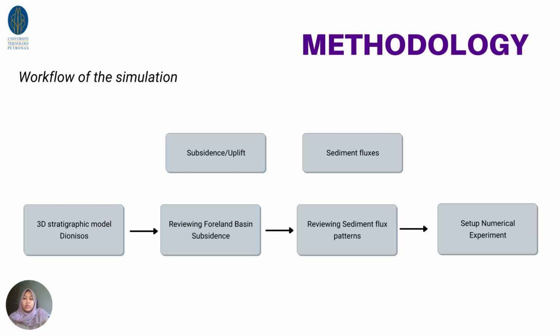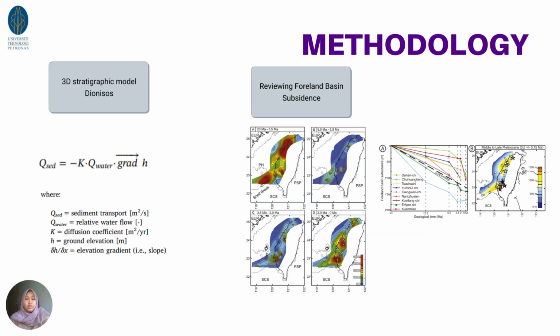Then they review the foreland basin subsidence and they review the sediment flux pattern, then set up a numerical experiment. So the first step is they introduce the law of physics of the 3D stratigraphic model Dionisos. So this is the equation.